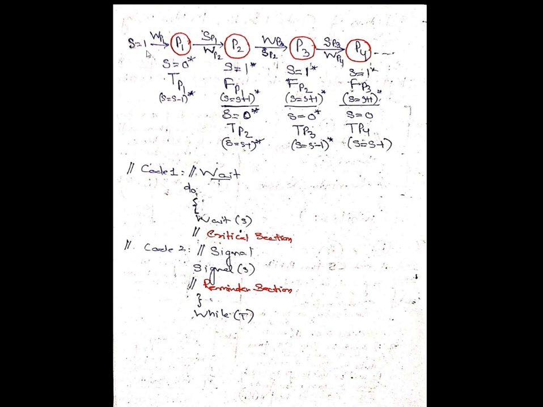That means when S is equal to 1, it indicates that the process has to go from the critical section to the waiting section. When S is equal to 0, that means that process is running. When S is equal to 0, the process is running.